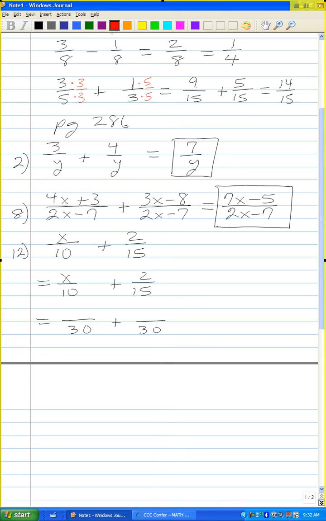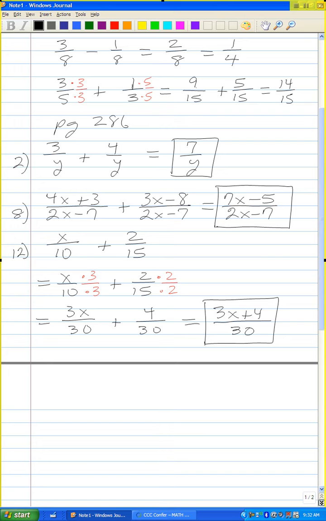So let me multiply and divide by 3, by 2. And so I get here 3x plus 4. Each of these are all over 30, and so I can add numerators, 3x plus 4 over 30. And that is my sum.